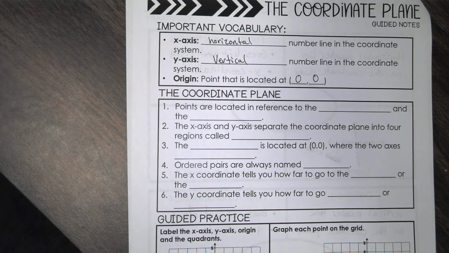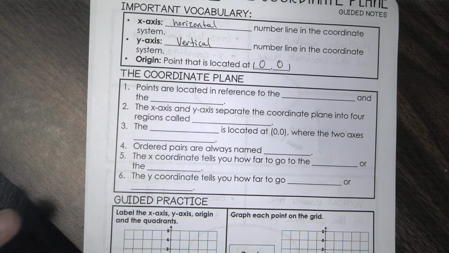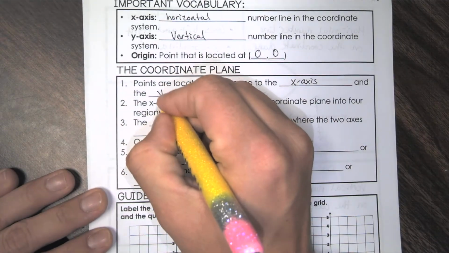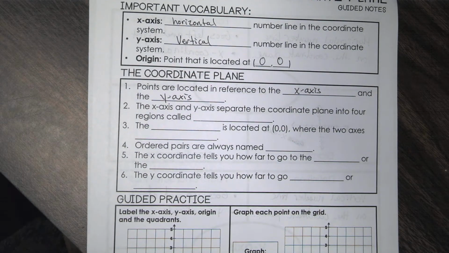That's how that works. It says points are located in reference to the x-axis and the y-axis. So we always use those two lines and those numbers to plot these points, to graph them.